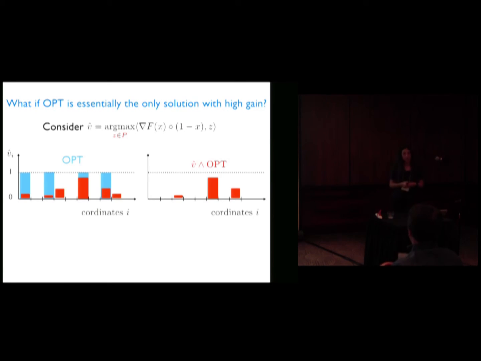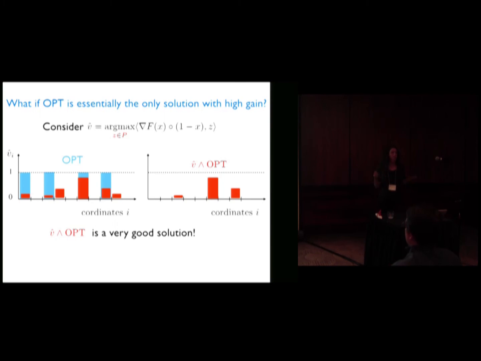This vector V hat puts some mass on some coordinates, and opt puts some mass on some other coordinates. But if we look at their intersection, let's say the pairwise minimum of their coordinates, so this vector here, what can we say about it? Well, intuitively, this should be a pretty good solution. Why?